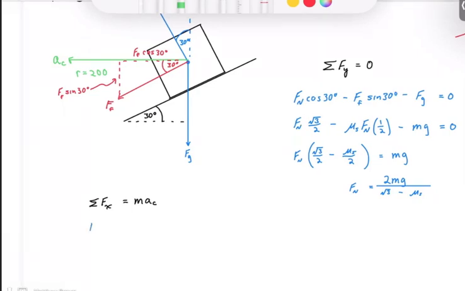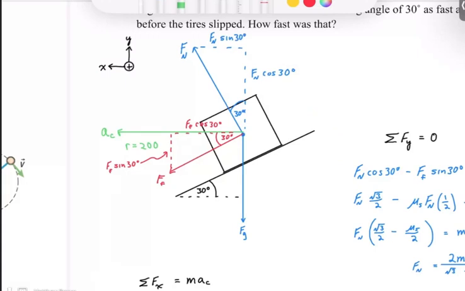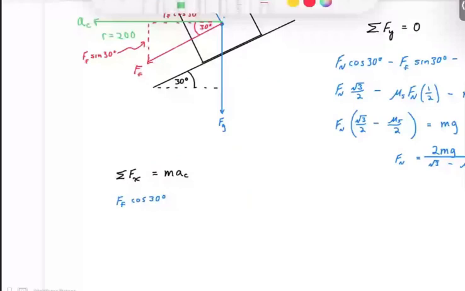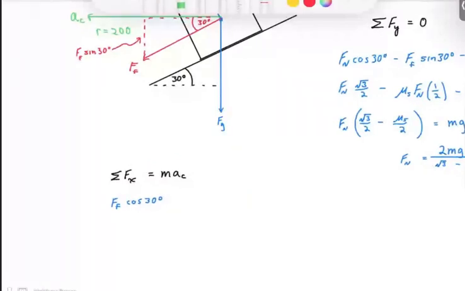So that gives me force of friction cos 30, and that's what I've defined x positive to be that way. I've also got part of the normal force in that direction, Fn sine 30 up at the top. And that all then equals mac.